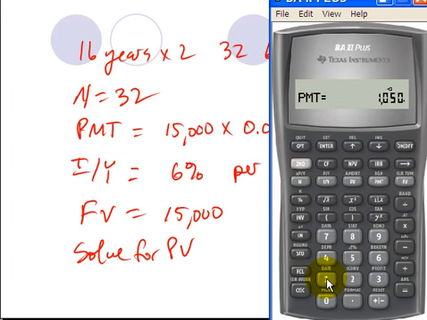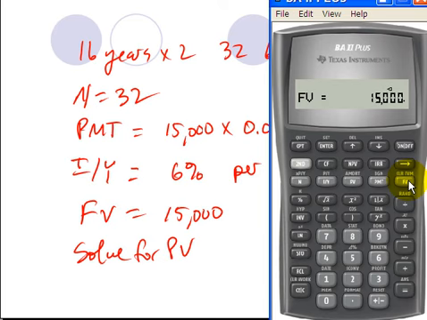We have a $15,000 future value. And notice the payment and the future value are the same sign in this case because you're going to receive $1,050 every 6 months and you're going to receive $15,000 at the end. So these will be the same sign.